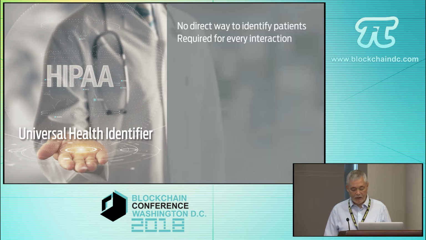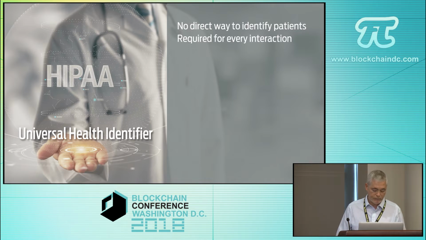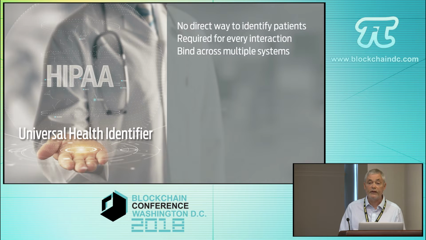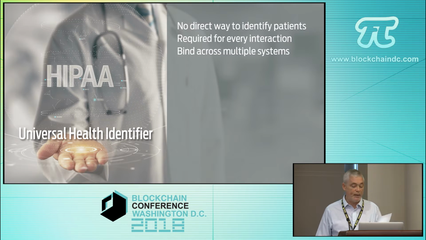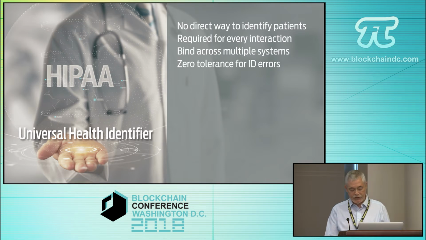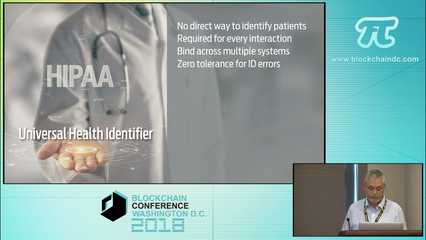You see, healthcare lacks a direct way to identify patients. And identifying patients is required for every healthcare action. Each episode of care generates many expensive and complex transactions that must bind patient identity across multiple health information systems.